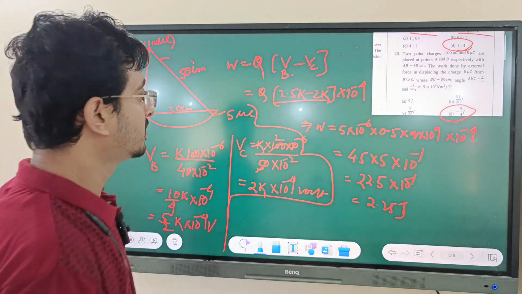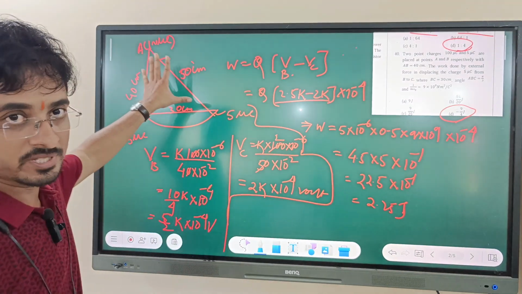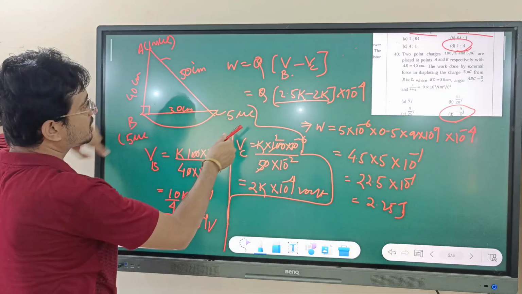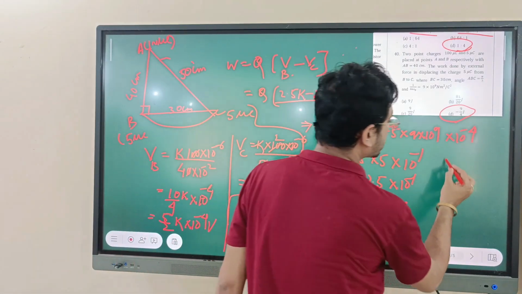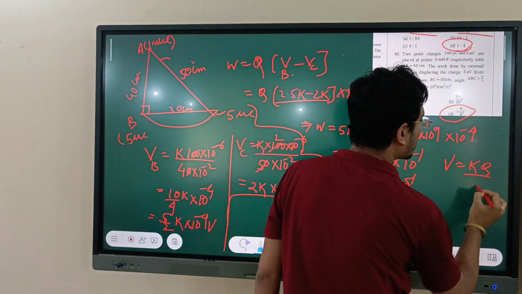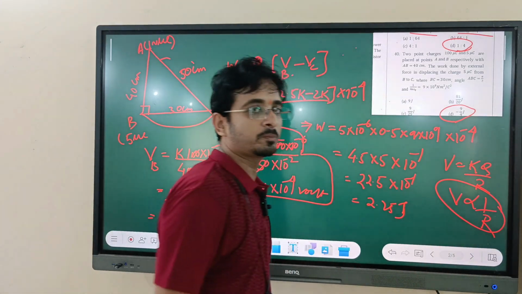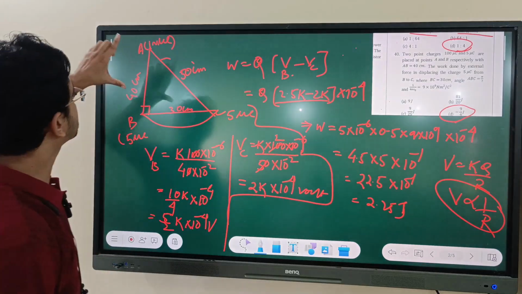Why is there a negative sign? The negative sign is because this is the shorter distance, 40 centimeter, and this is the longer distance, 50 centimeter. If I am taking this charge from this point to this, ultimately the potential will decrease. Why does potential decrease? We know the formula: V is equal to KQ by R, and V is inversely proportional to R. This means if we increase the distance, the potential will decrease.